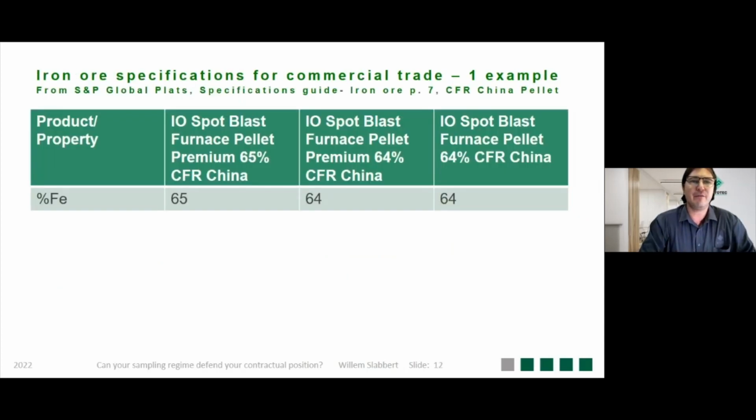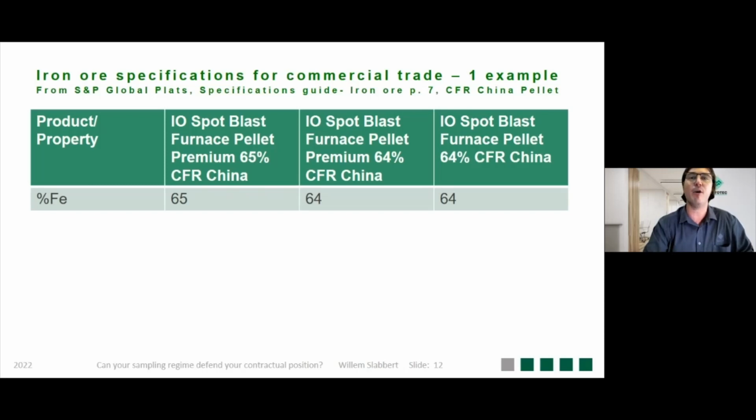Here we consider from the S&P Global Platts specification guide on iron ore a couple of typical grades for iron ore. If we have an IO spot blast furnace pellet premium at 65%, we would need an iron grade of 65. However, if we have a furnace premium pellet, it only requires 64%. But then again, a non-premium furnace pellet also requires 64%.